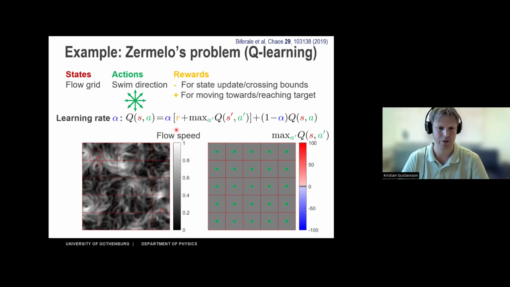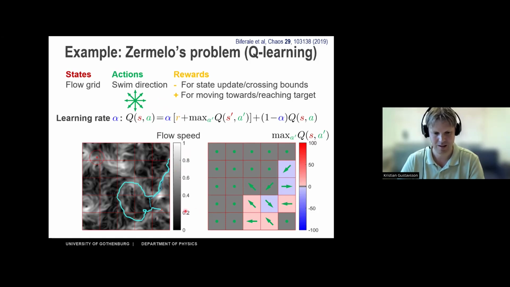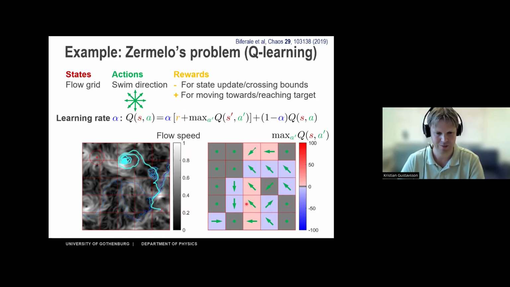Okay, so following this scheme, we can evaluate the trajectory, and initially we just move around randomly, essentially, and we get some information of what seems to be good directions at different states, but nothing definite. And we continue moving around randomly like this, and then eventually we have a trajectory that reaches the target, and that gets a large bonus.